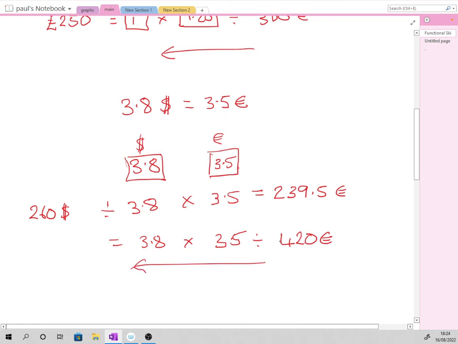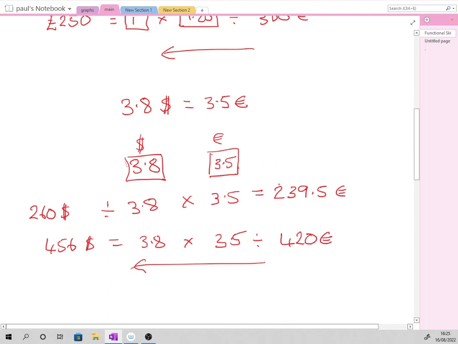So you start with your 420, divide by 3.5 and multiply by 3.8, and you get $456. So divide, multiply, equals. Work out which side you're going from and just do that. And that should be fine for you.